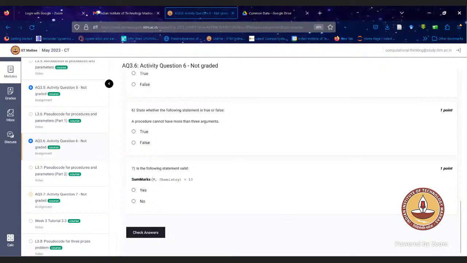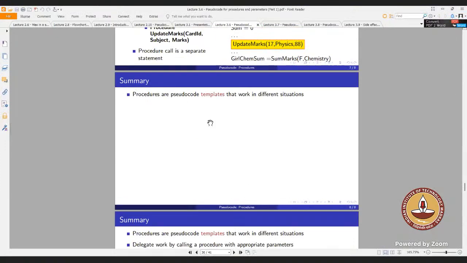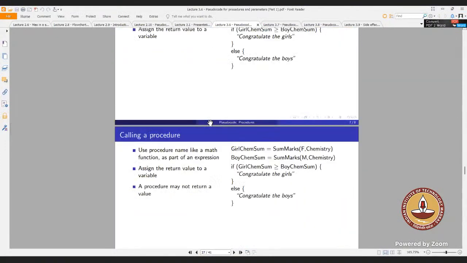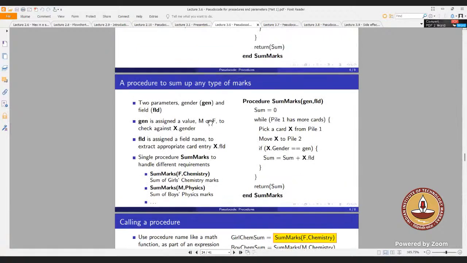Let me just quickly pull up that document. This is 3.6, the lectures. Was it sumMarks? Yes, sir.